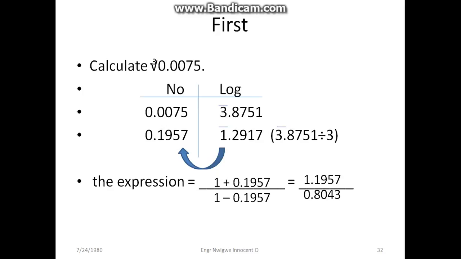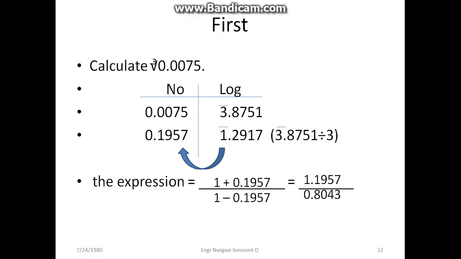First, calculate the cube root of 0.0075. In standard form, 0.0075 will be 75 times 10 raised to the power minus 3. Therefore, we find the logarithm of 75, which is 0.8751.